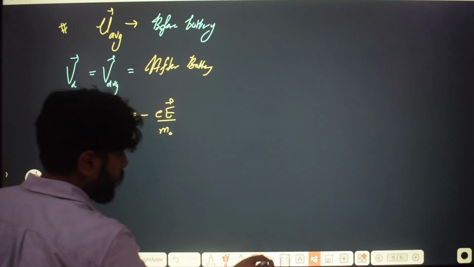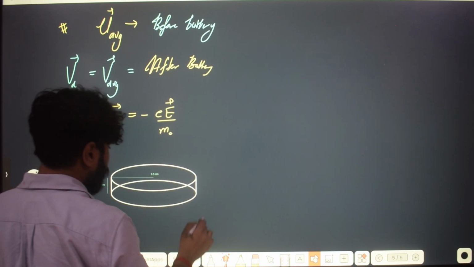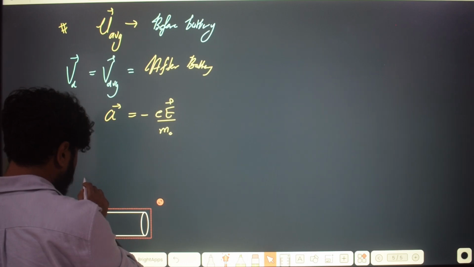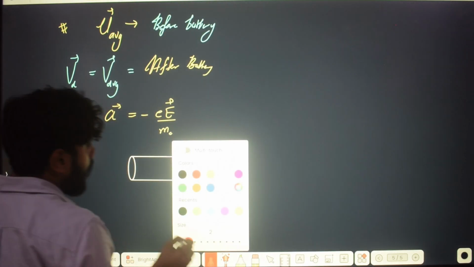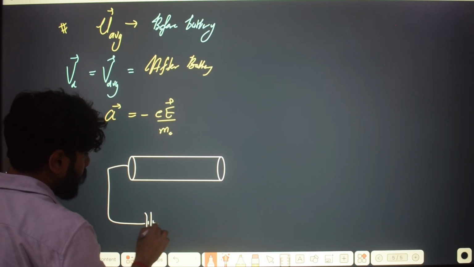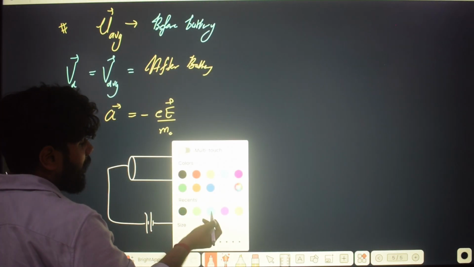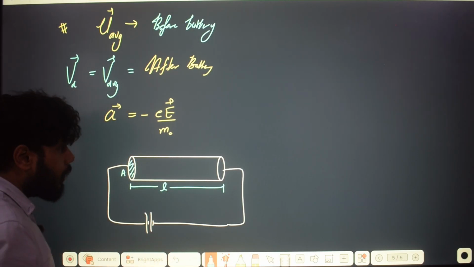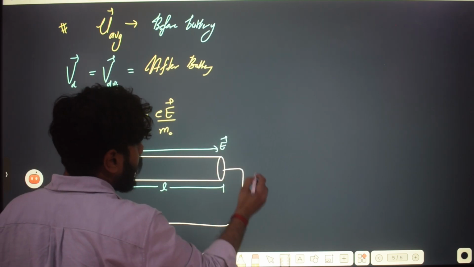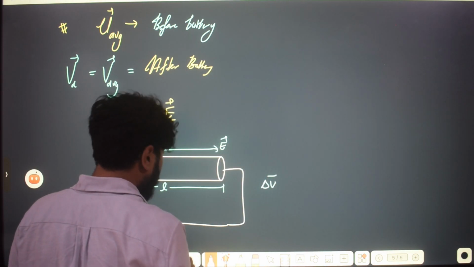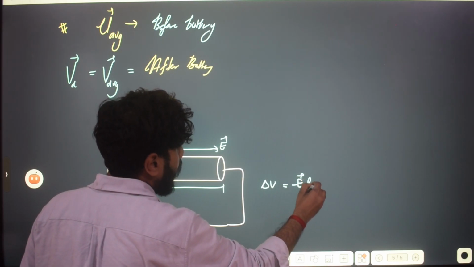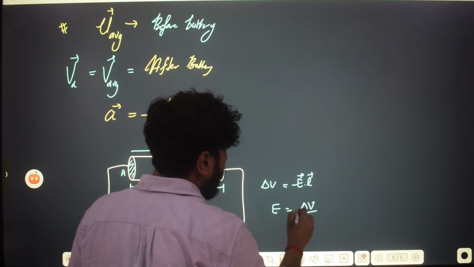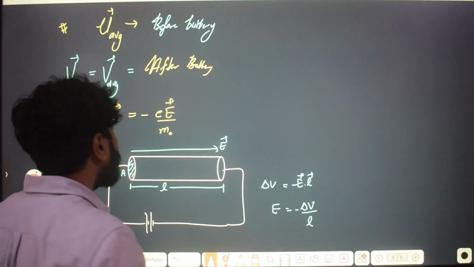Because we are assuming that the dimensions of the conductor are constant. So the electric field is like this, and the potential difference is minus E dot L. So the electric field is just dV over L, and imagine that the battery can supply constant potential, so the electric field will become constant.